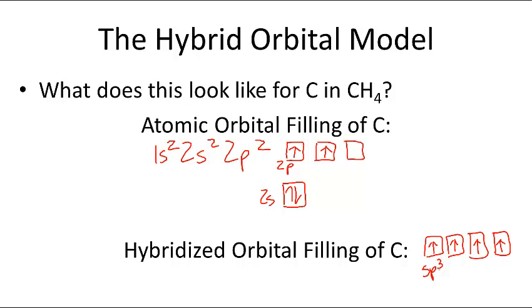But I know people get upset if there's a slide that's not filled in. So what we're saying is this atom, before making bonds, says to itself, let me reorganize my orbitals, put 1 electron in each, and then they're all just ready to go and bond with stuff.